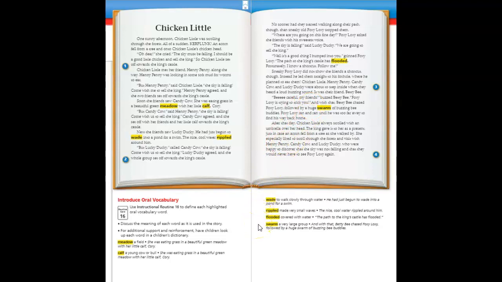The word swarm is a very large group. In our story, the word swarm was used in the sentence, "And with that, Betty Bee chased Foxy Loxy, followed by a huge swarm of buzzing bee buddies."